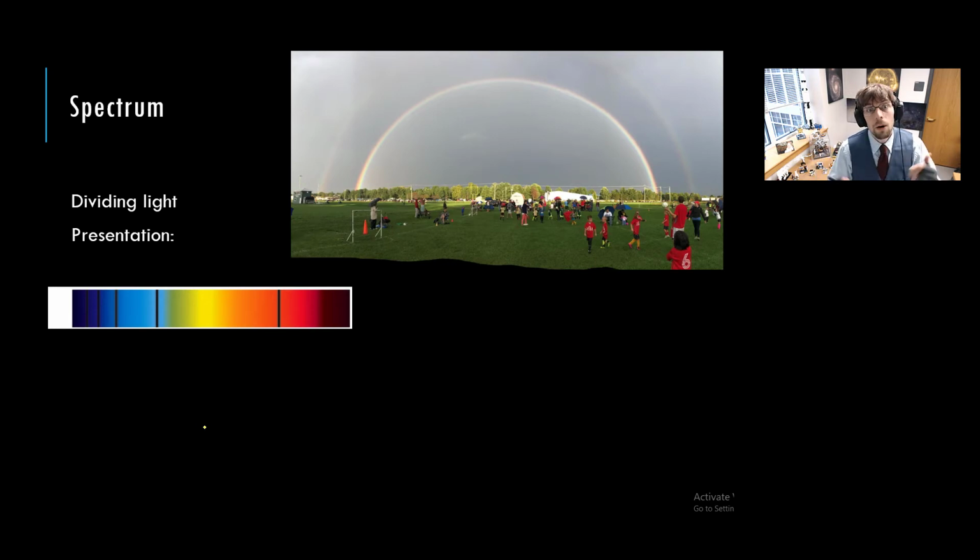Okay? Now, what you see here is generally referred to as an absorption spectrum. You notice that you have all of the wavelengths present, except for very specific wavelengths, which have been removed or are absent from the spectrum. You have a rainbow background and certain wavelengths or colors have been removed.